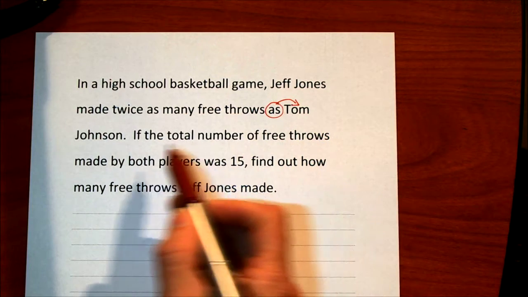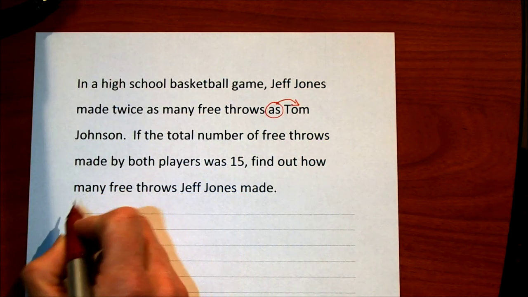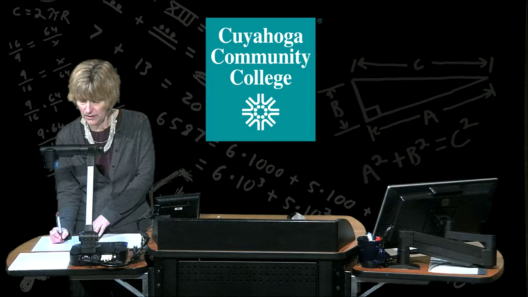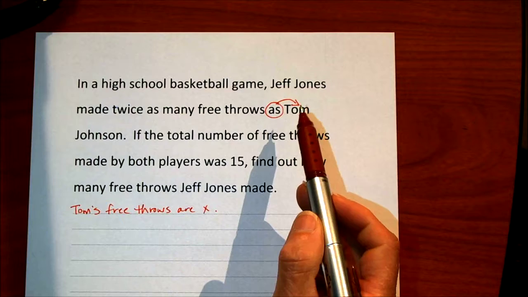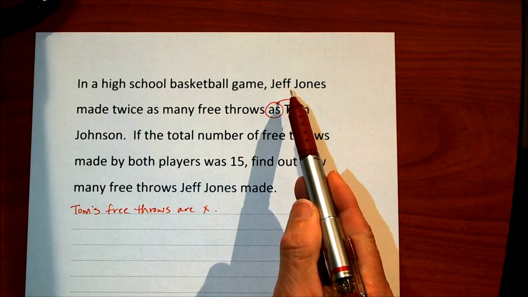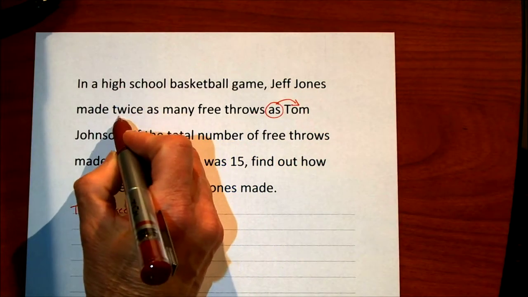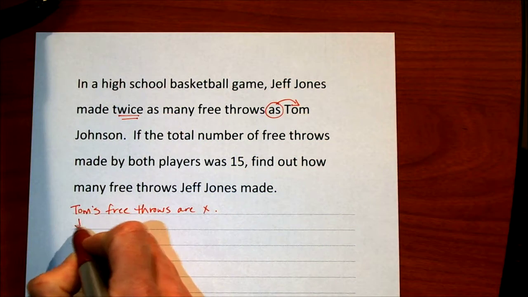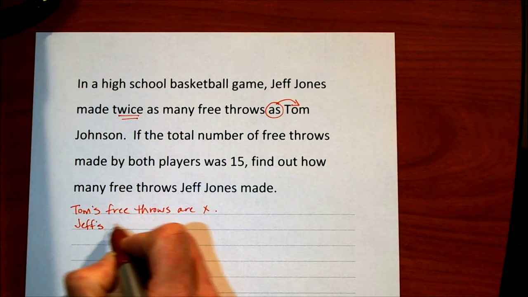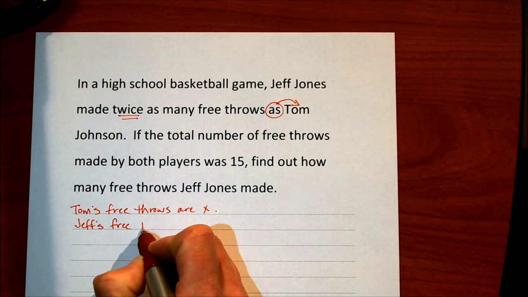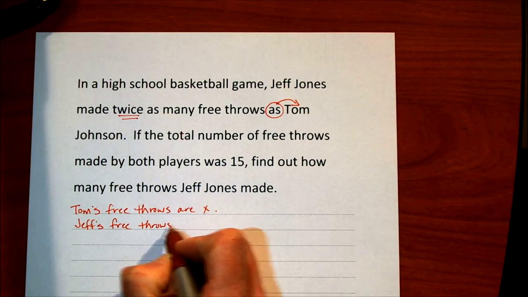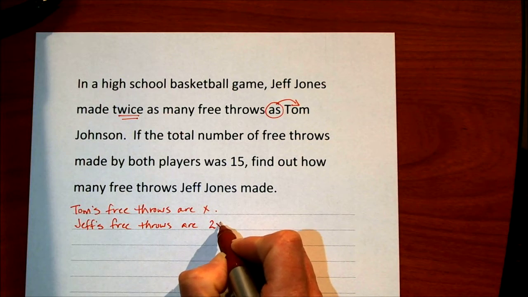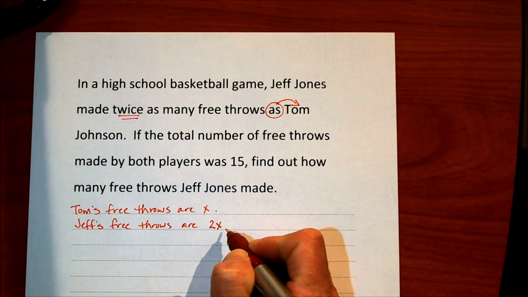So if Tom Johnson's free throws are X, we can now look back and see how many free throws did Jeff Jones make. Well, it says Jeff Jones made twice as many free throws as Tom. Twice simply means 2 times. So we can write that Jeff's free throws are 2 times, or 2x, which means 2 times x.